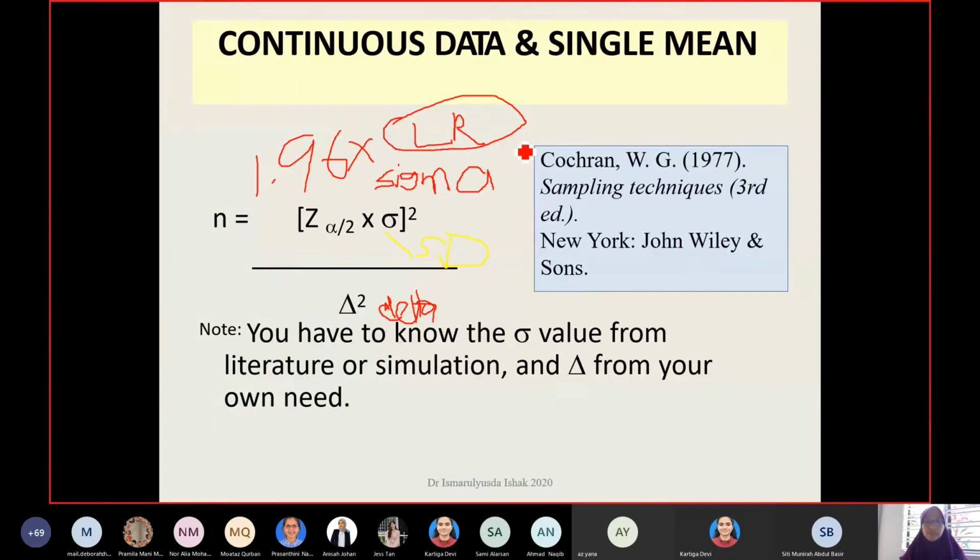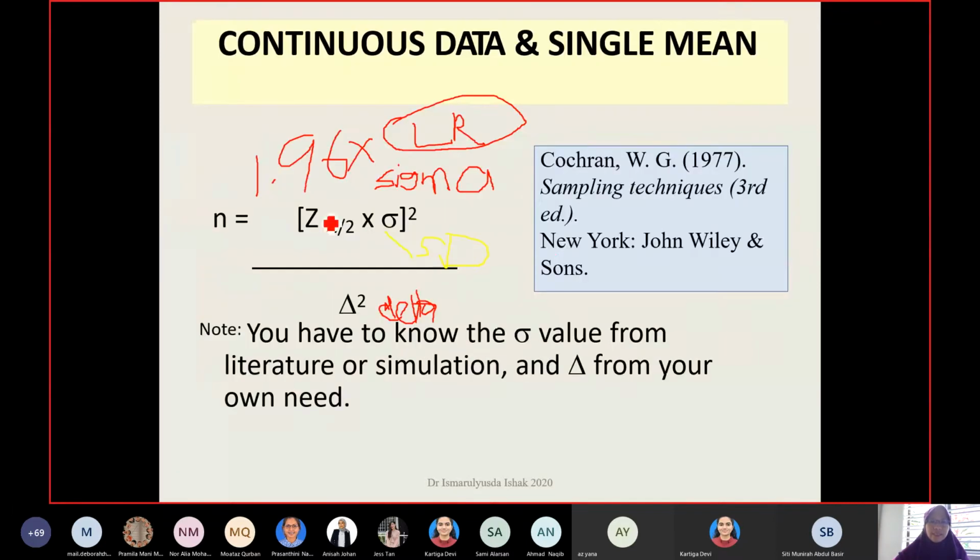You can use that. And your delta is from your own need. If you want to choose 10%, 3% or 5%, it is open to you.